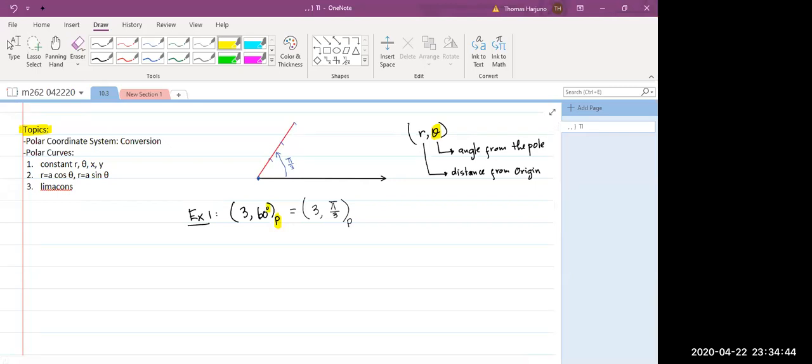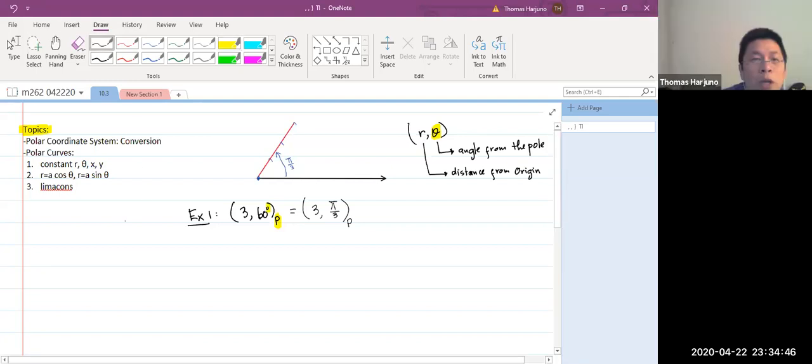Now let's see what we have. One issue we have first is to convert from the polar coordinate system to rectangular, and later on from rectangular to polar.